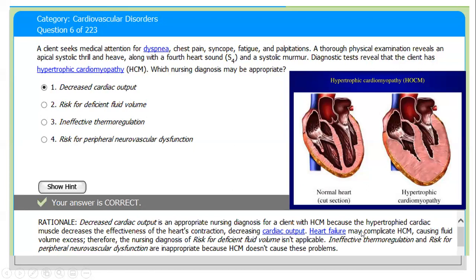Heart failure may complicate hypertrophic cardiomyopathy and cause fluid volume excess. Therefore, the nursing diagnosis of risk for fluid volume excess is not applicable. Ineffective thermoregulation and risk for peripheral vascular dysfunction are not appropriate, because hypertrophic cardiomyopathy does not cause this type of problem.